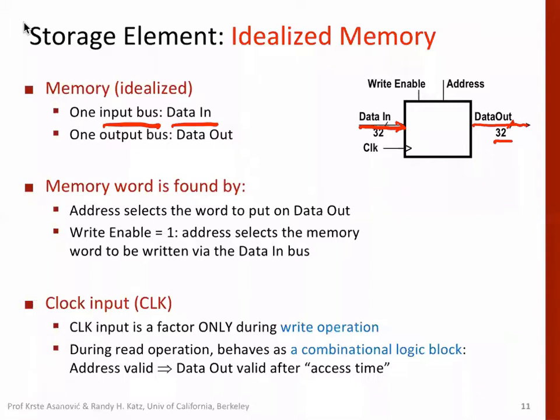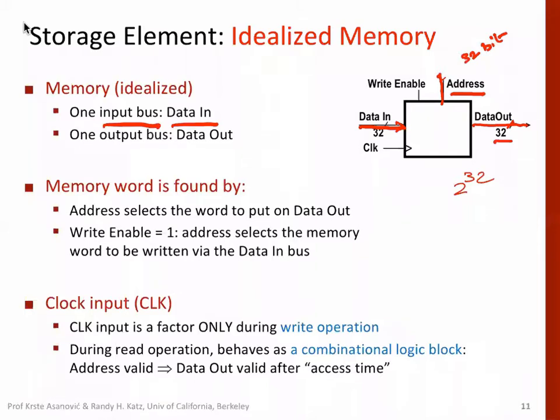And then at the top we can see the address. This address gives the address of the memory, and obviously it will also be 32 bits wide. The address gives the memory location inside, and the size of this memory is 2^32.